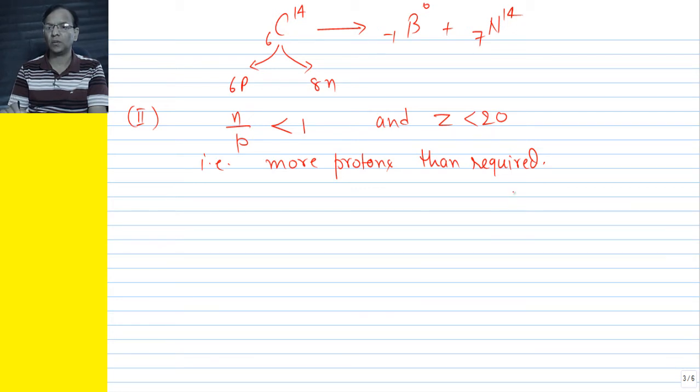Then some of the protons will be converted into neutrons in order to become stable. This conversion can occur in two different ways. One, by positron emission.